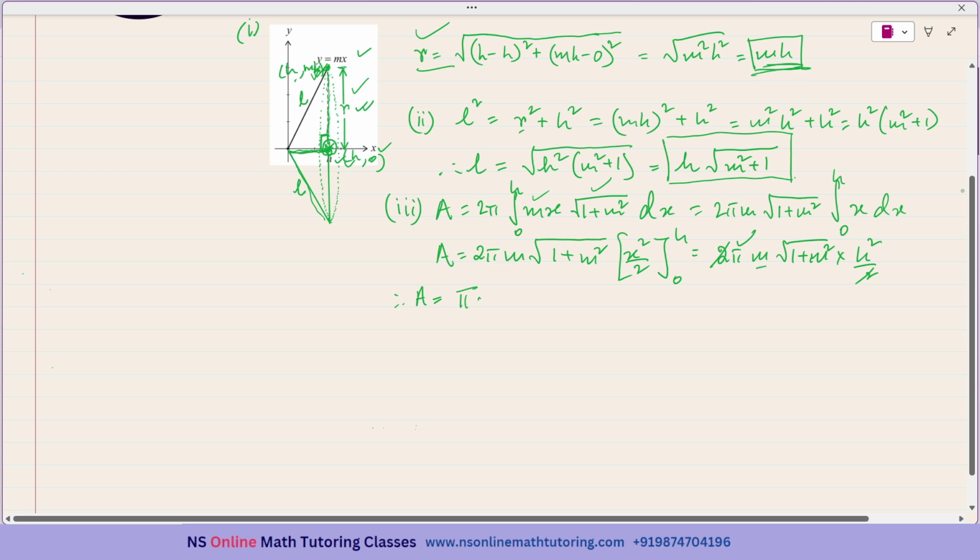So let me separate mh, and then it is another h and square root of 1 plus m square. Okay. And mh is equal to r. And this part is equal to L. See, h times square root of m square plus 1 or 1 plus m square is L. So this is equal to pi, this is R, and this is L.